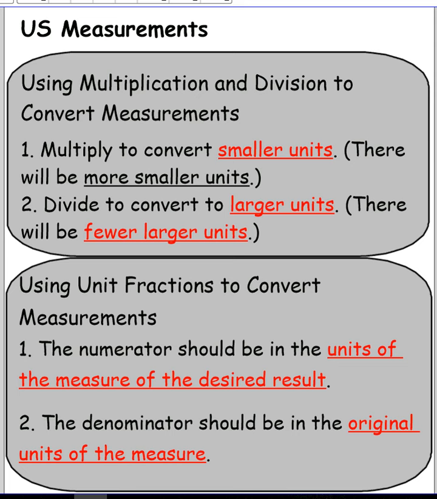So in this case, it would be cups because we want our answer to be in cups. The denominator should be in the original unit of the measure, the one we're changing out. So again, if it was ounces to cups, we're trying to get rid of ounces and keeping cups. So ounces would be in the bottom of that. And we'll look at an example of both of these to help us with that.